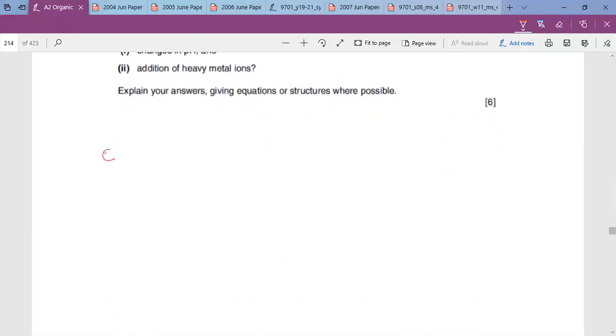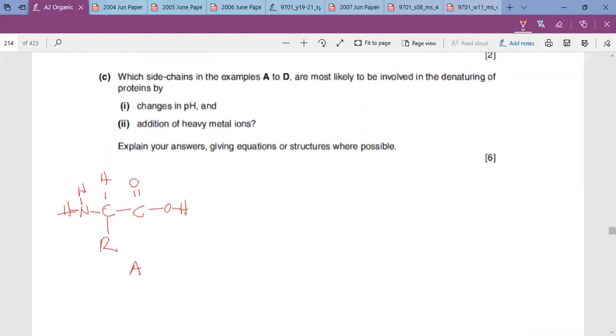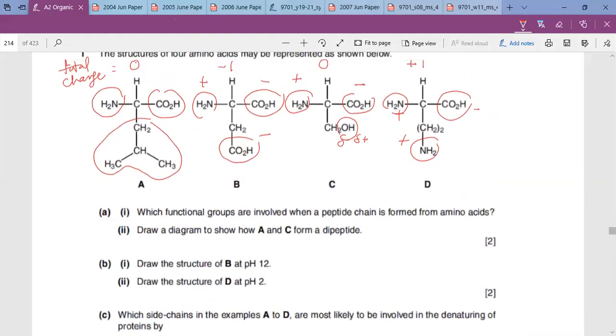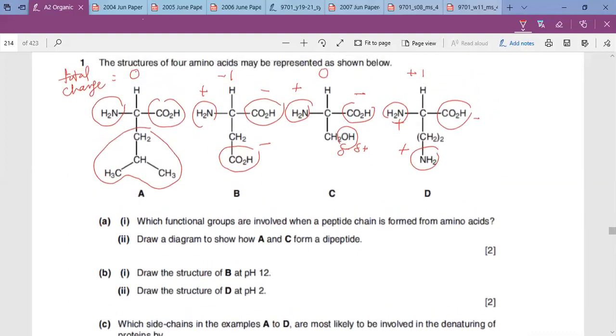I draw A first, so NH2. Better to draw everything out. This is R here, and there's an H here, and of course a C double bond O. It's an A. Now they want A and C. You can see that there are two carboxylic acid groups there. So face this amino group with this one here.